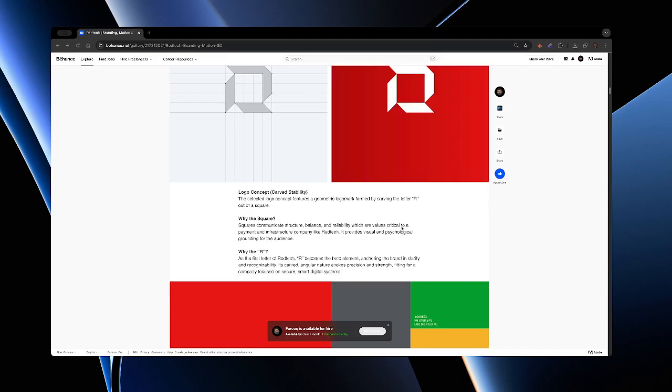In the case of a square, it is a shape used to communicate structure, balance, and reliability, which are values critical to a payment and infrastructure company like Redtech.